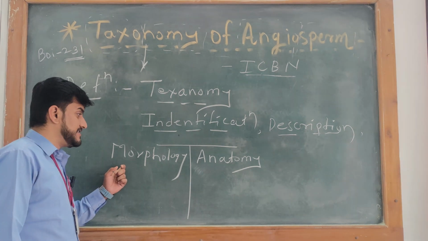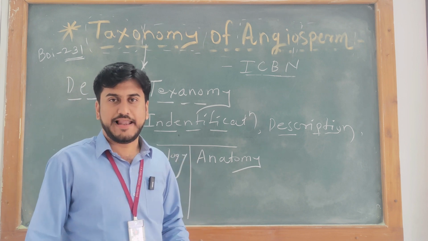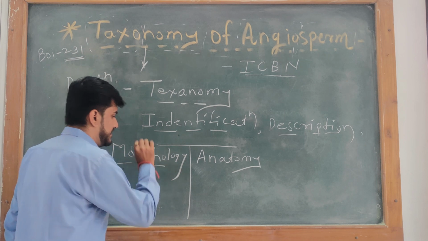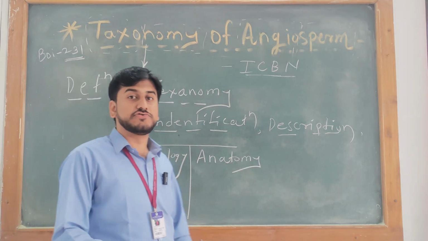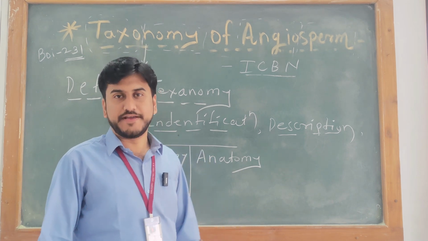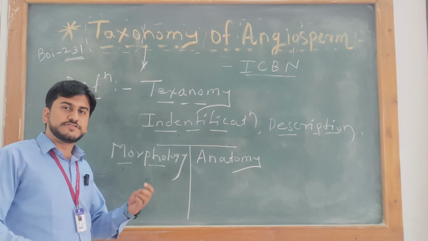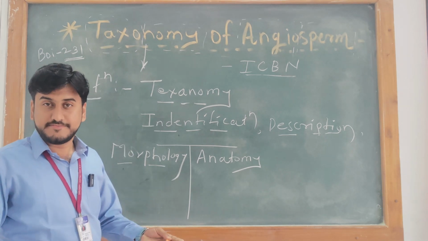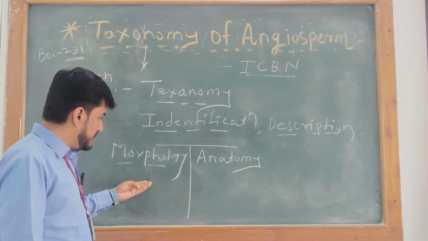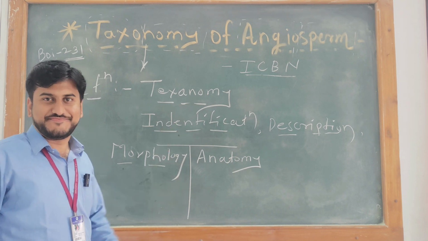Morphology is nothing but the external appearance of the plant body. This characteristic feature is also known as macroscopic characters. Macroscopic means these characters you observe by your naked eyes, the external appearance. For example, stem, leaves and leaf.